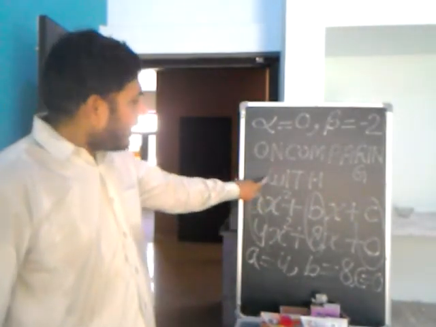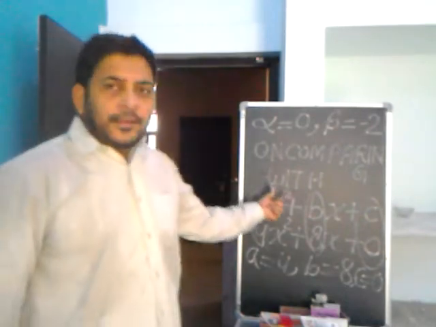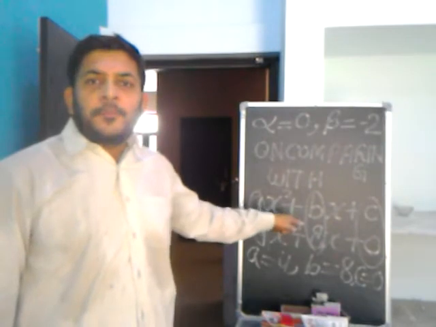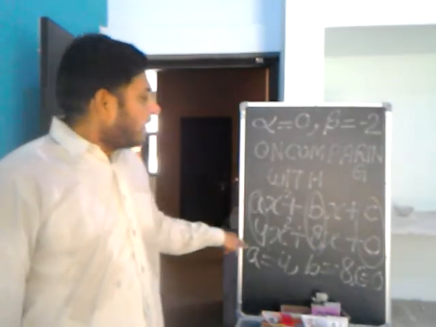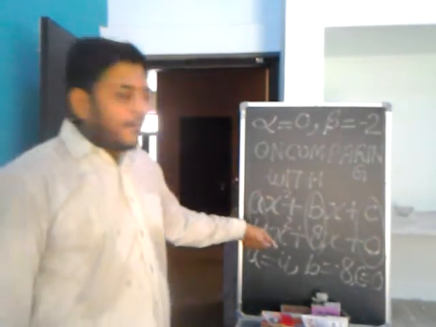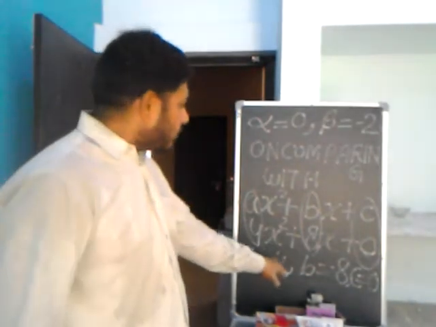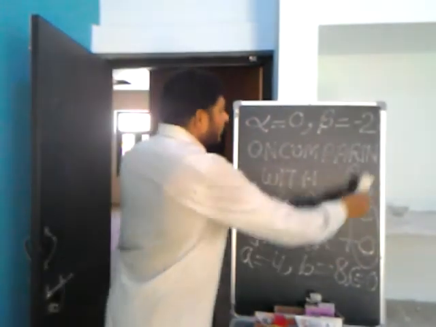I just compared the generalized form of the quadratic equation, that is ax square plus bx plus c, with our given quadratic equation, and I found that a is equal to 4, b is equal to 8, and c is equal to 0.